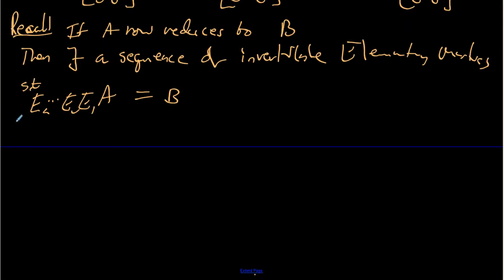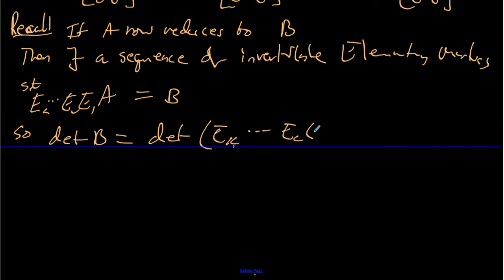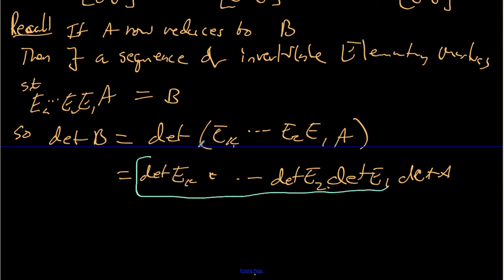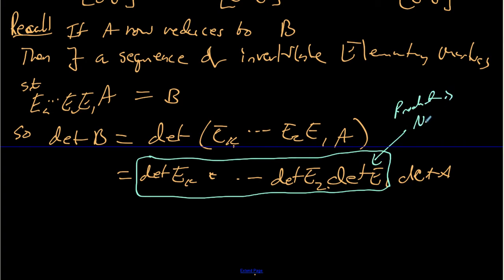So what this says is that the determinant of B is equal to the determinant of all of these elementary matrices times A, and this is going to be the determinant of all of the elementary matrices times the determinant of A. What I want to notice is that all of these numbers, by our first corollary, since these guys are all invertible, this product is not 0.